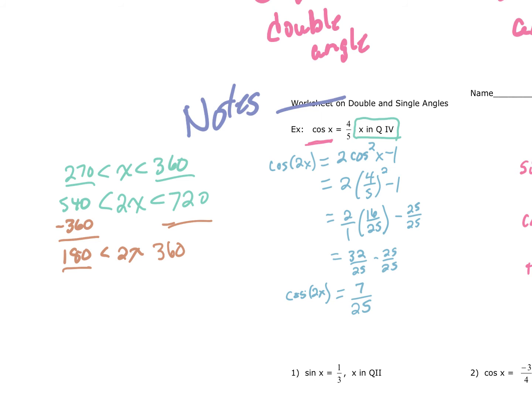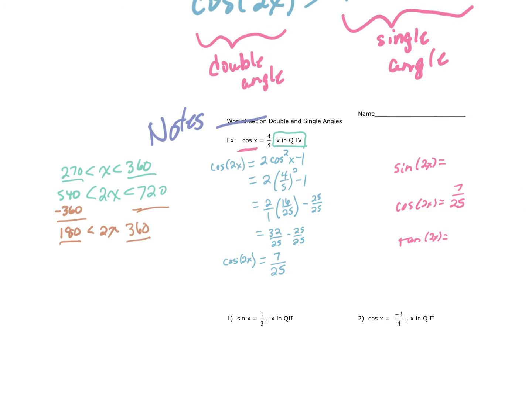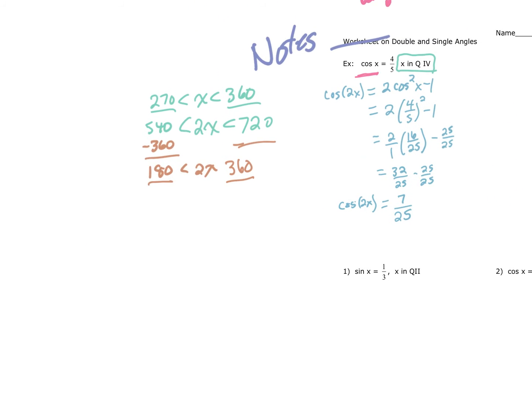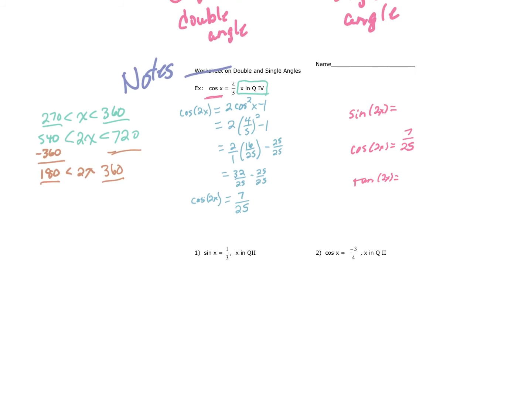The reason why we have to figure out what quadrant we're in is so that we can decide on the positive and negative signs for these other values. We're trying to find not just cosine of 2x, but everything else: the sine of 2x and the tangent of 2x. I need to know which quadrant to draw the triangle in.